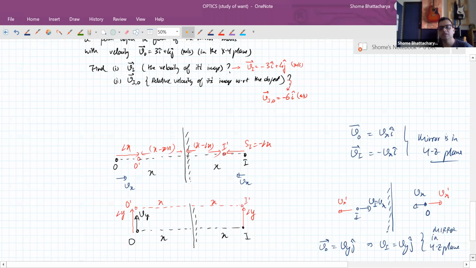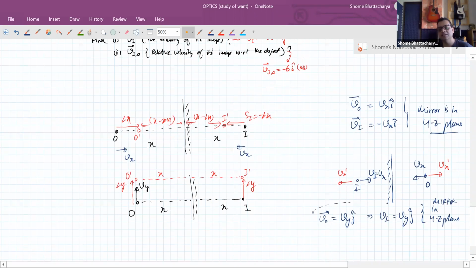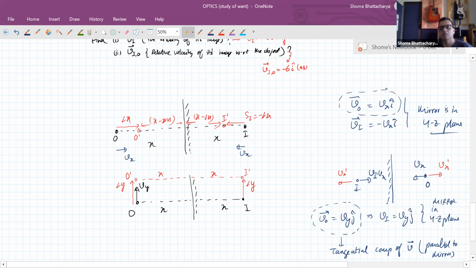Because the mirror is in the yz plane, this is a tangential component of velocity, meaning parallel to the mirror. So the tangential component remains the same, whereas this one was a normal component, that means perpendicular to the mirror.